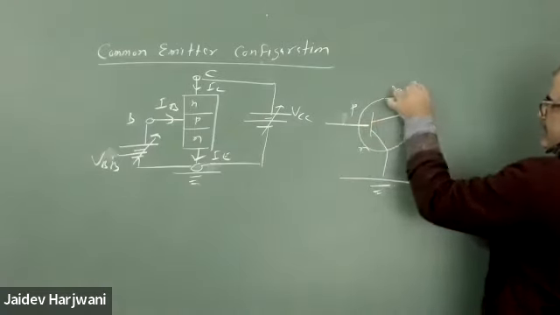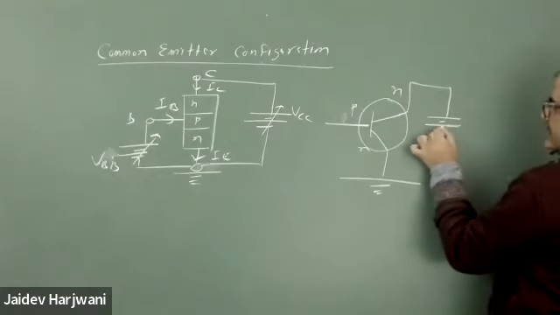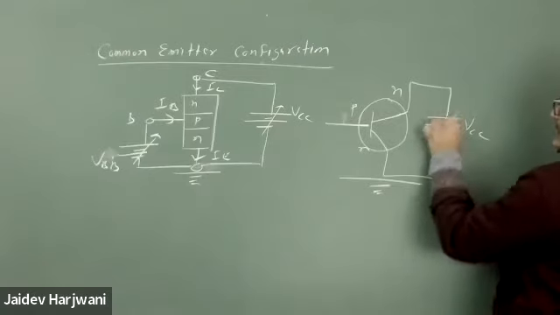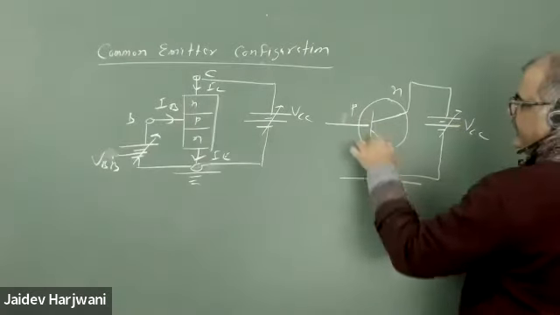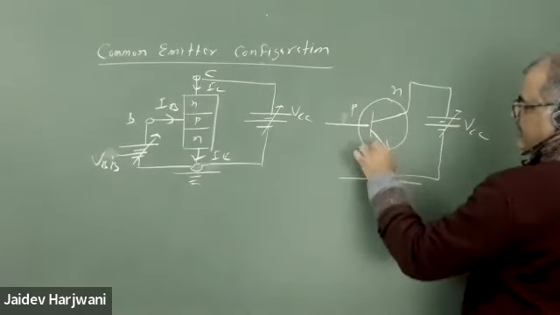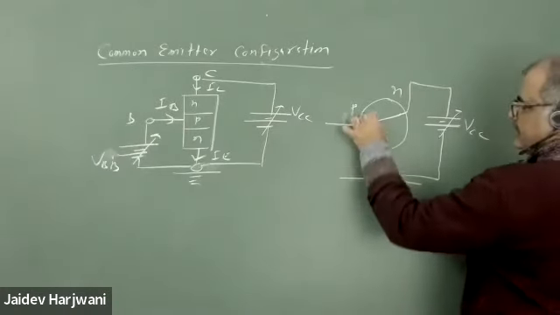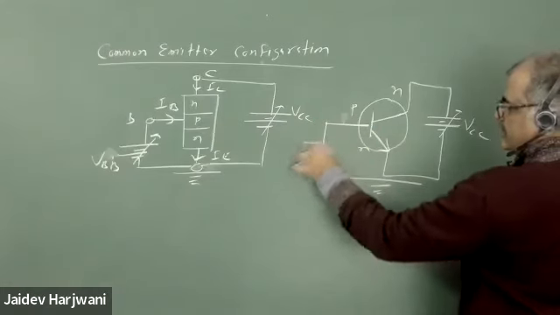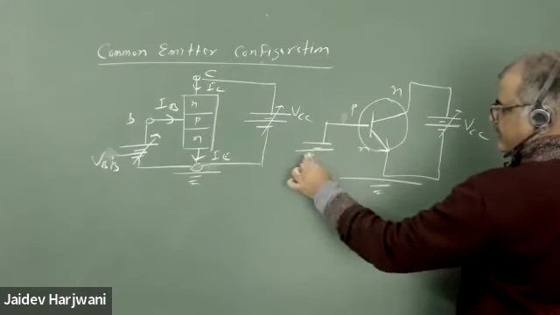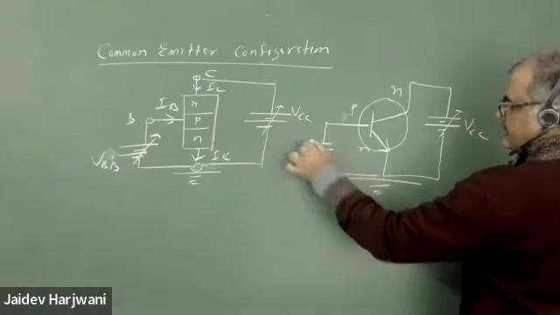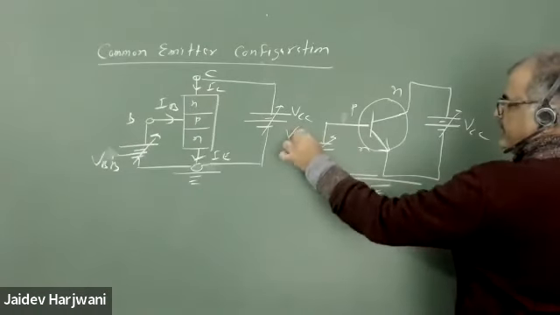This is your VCC. NPN, so the current will be outward. And here you have plus. So this will be your VB.